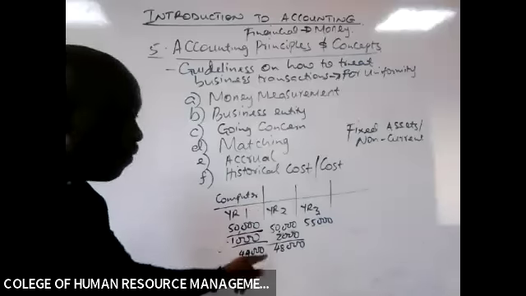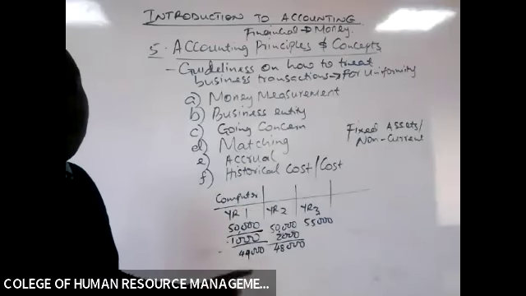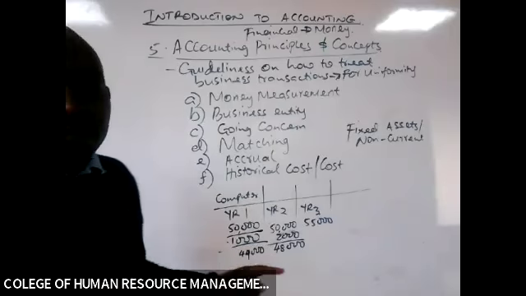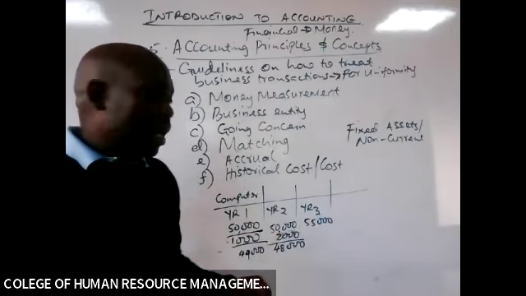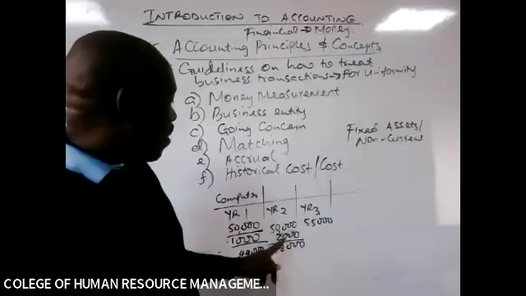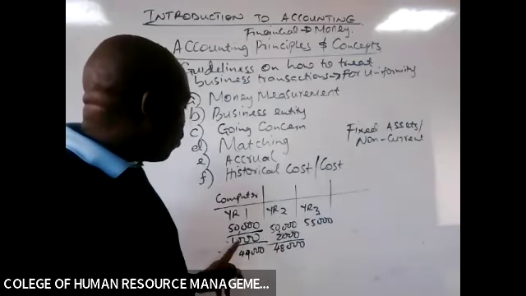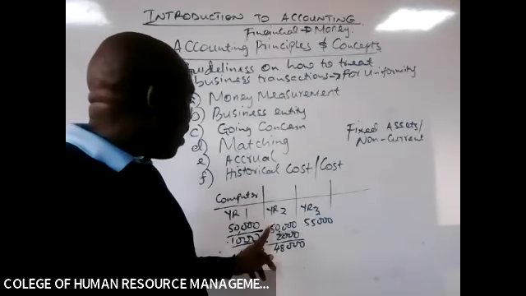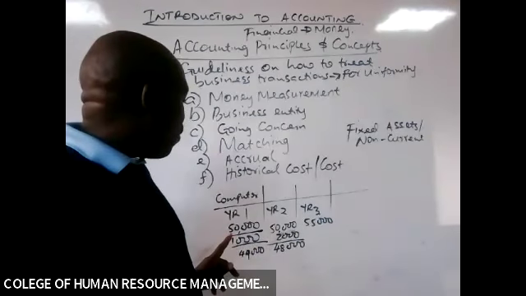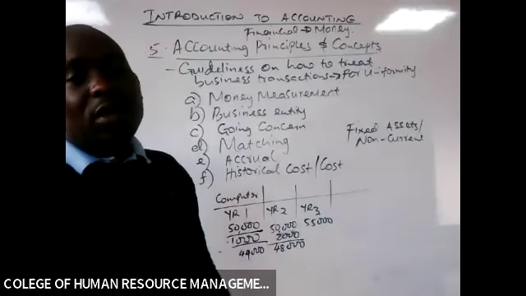Or should I take 50,000 and deduct depreciation for year 1, 2, and 3? The computer that I have will be having a value of how much? Is it 55,000 minus 3,000, which is depreciation of 1,000, 1,000, 1,000? Or is it 50,000 and then I deduct depreciation of 1,000, 1,000, 1,000, which is 3,000?